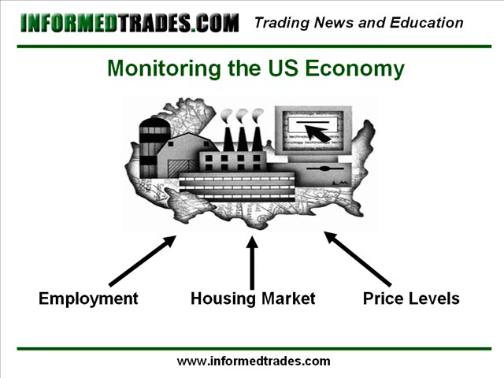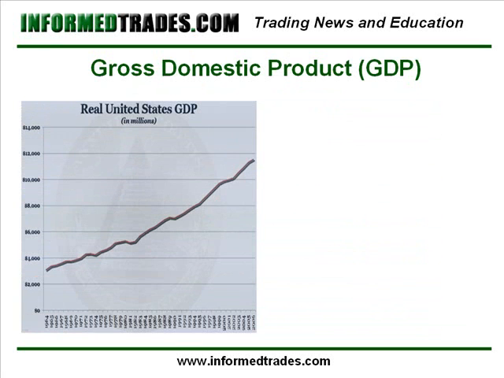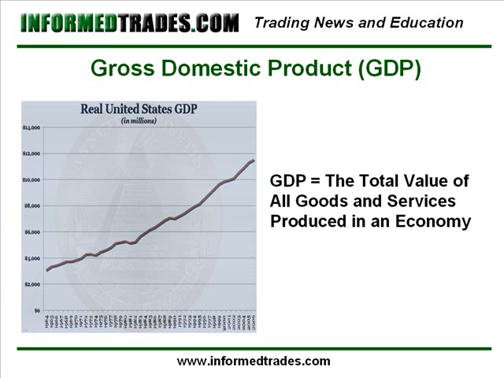The granddaddy of all economic reports is the release of the gross domestic product number for the economy. Gross domestic product for the U.S. or any other country is the final value of all the goods and services produced in that country. Essentially what you get after calculating GDP by adding up the value of all goods and services produced in the economy is a measure of the size of the overall economy.